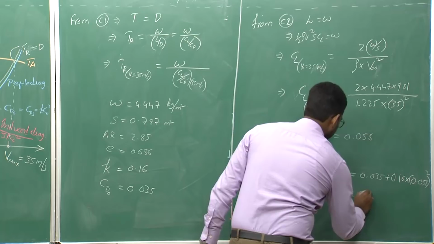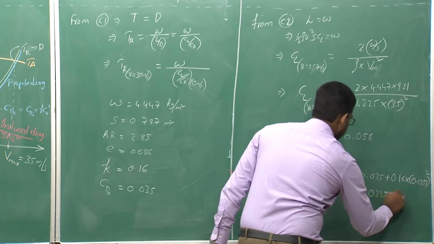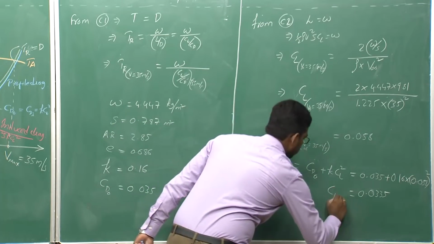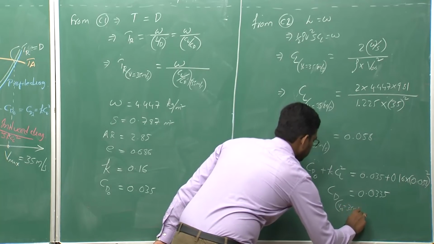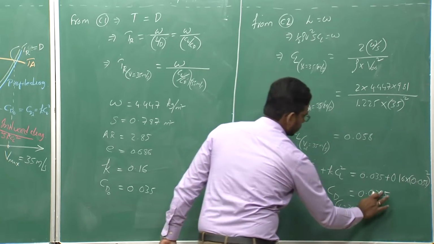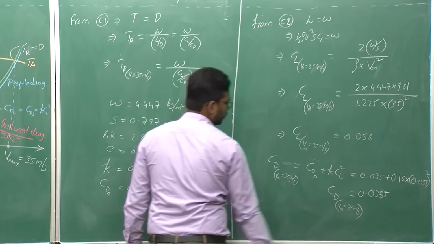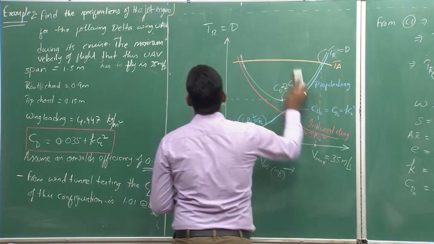So, 0.0355, which we have earlier derived, right? This is exactly the same. CD at V infinity 35 meters per second. So, please make a correction. It is 0.0355, right? So, what is L by D of this configuration?